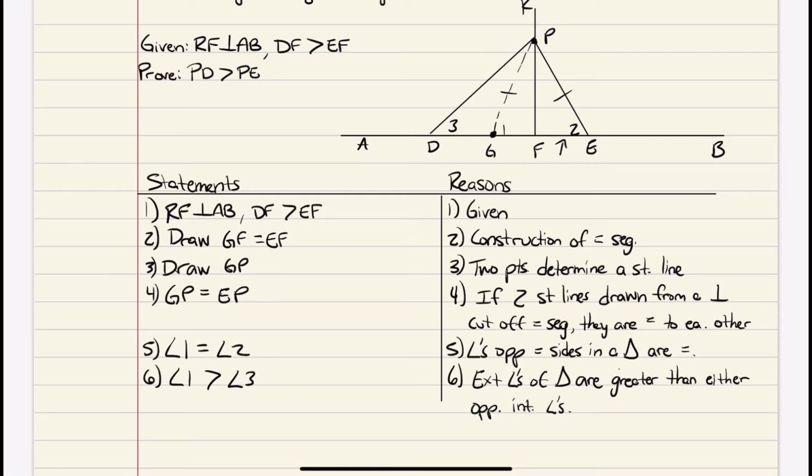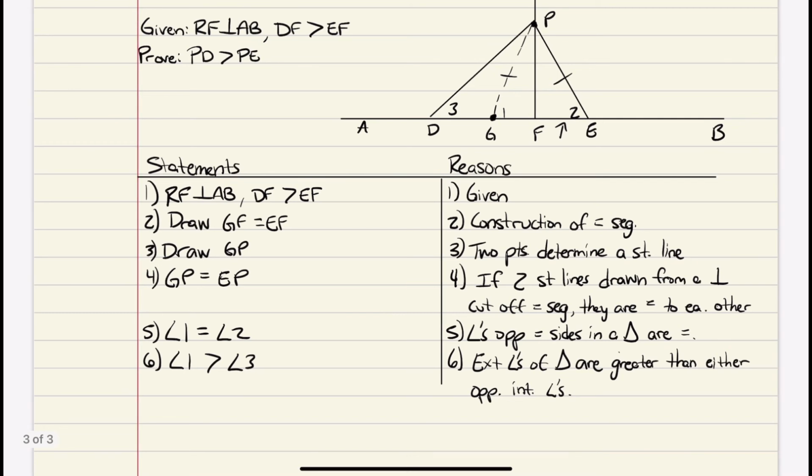So angle 1 would be greater than this angle, and it'd also be greater than the angle up in the top of that triangle. And we can't say anything about that angle. It'd be supplementary to that. We've also learned, and this is totally off topic, that the exterior angle is equal to the sum of both opposite interior angles. All right, so we can say that.